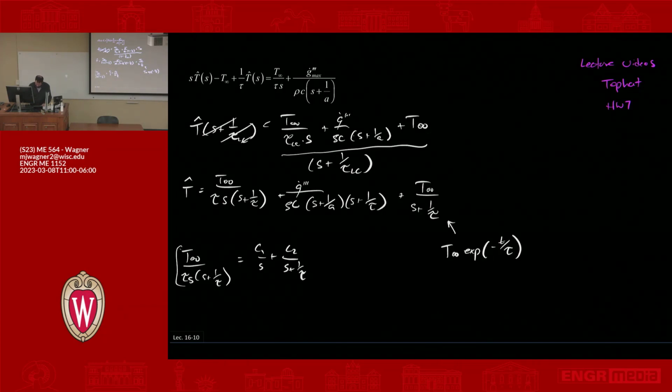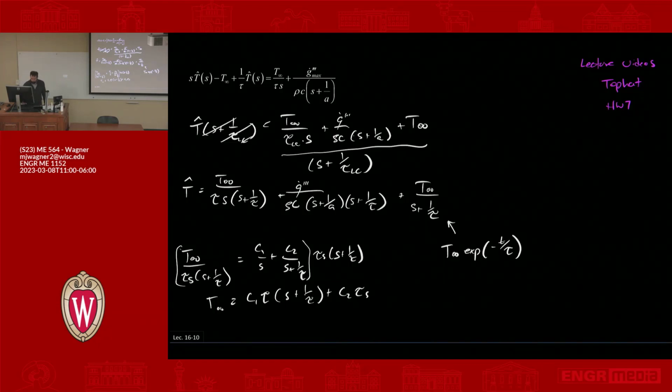So if we do that and then proceed with the method, we're multiplying everything by the denominator on the left, which is tau s plus 1 over tau. And then let's see, we have t infinity is equal to c1 times tau s plus 1 over tau, plus c2 tau s.